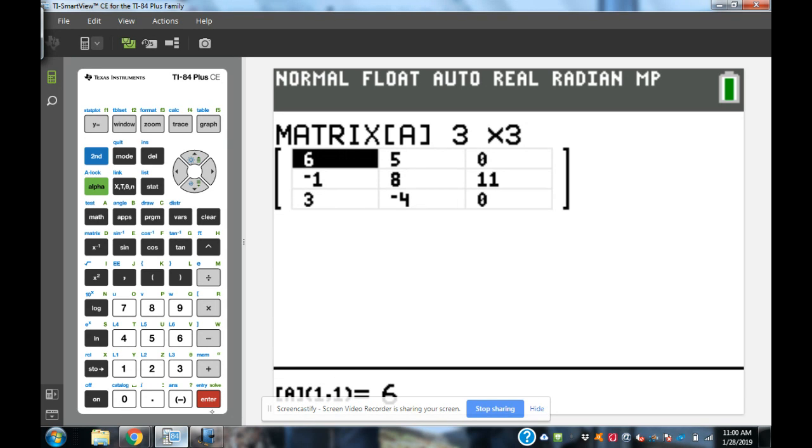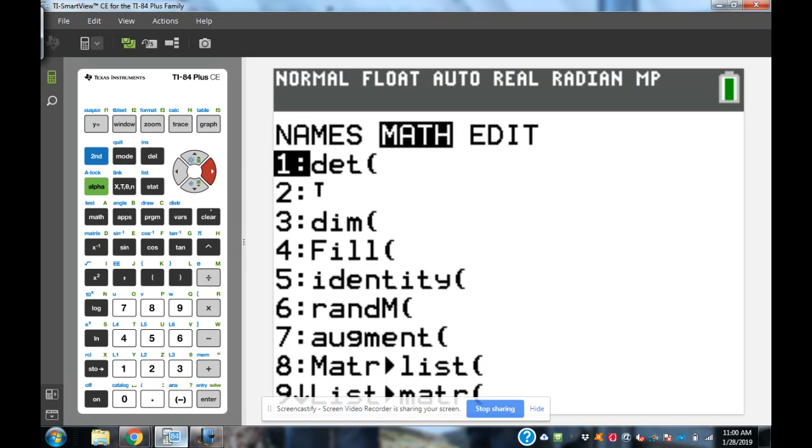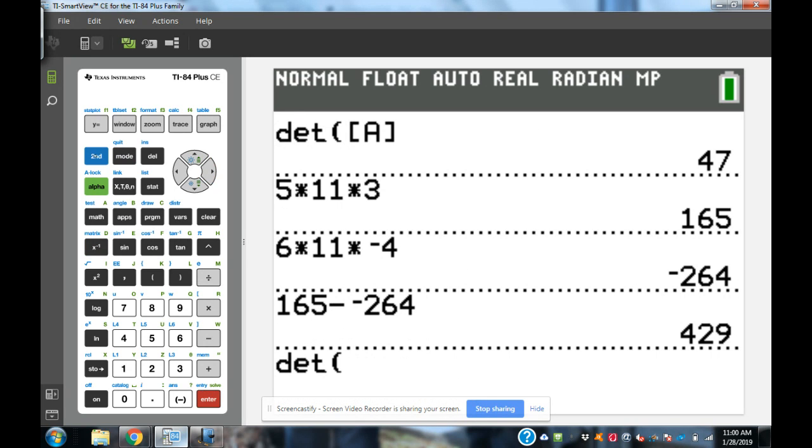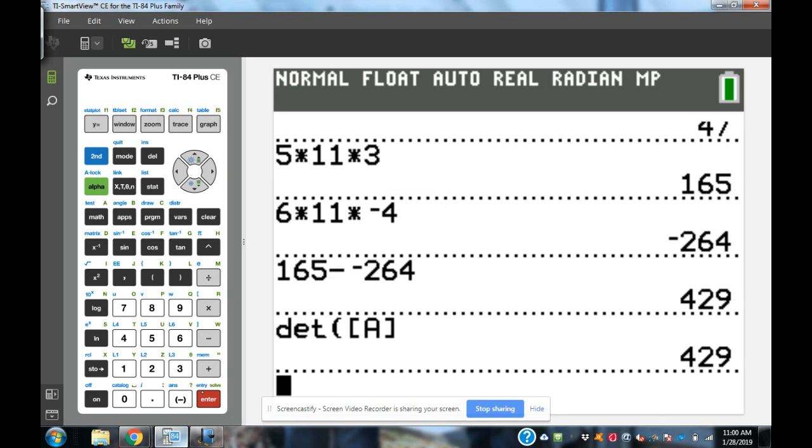So that was the original matrix. Second quit, second matrix, go to math, determinant, matrix A. And we get 429, which is the same thing we got by doing it by hand.